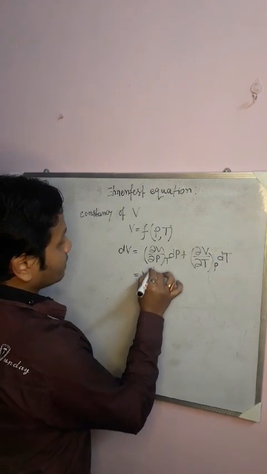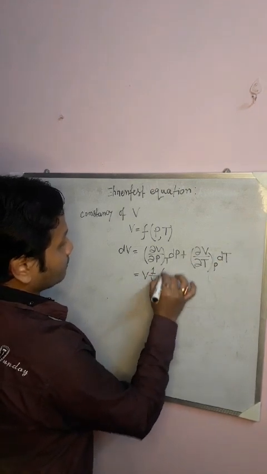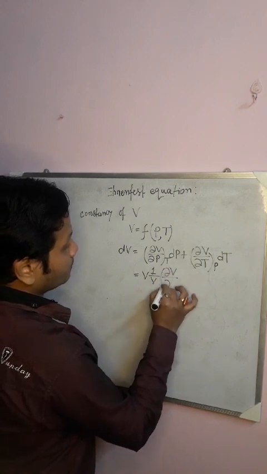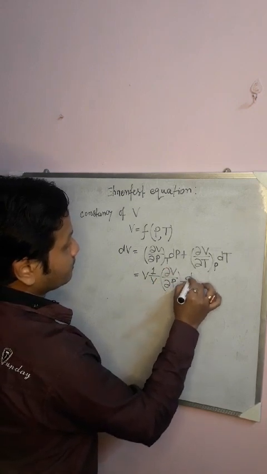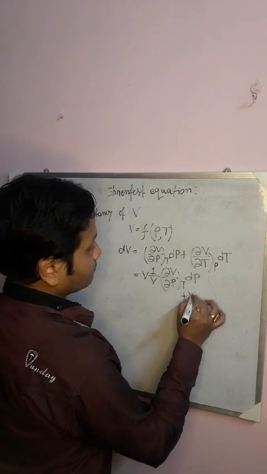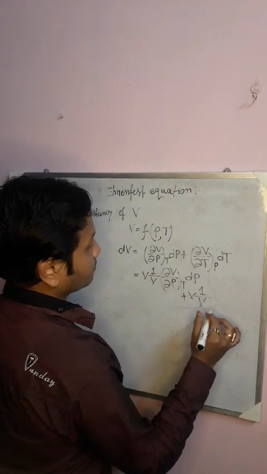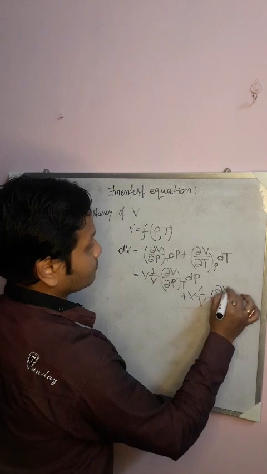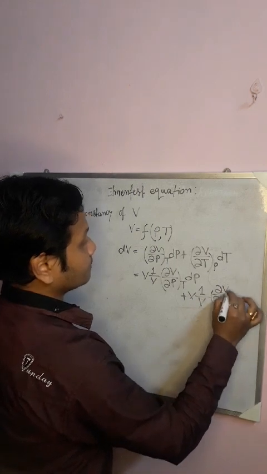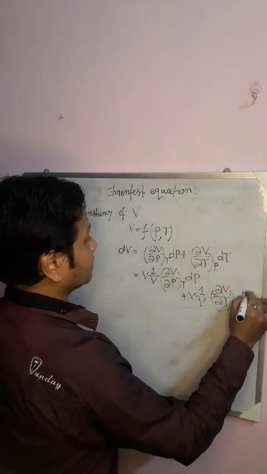Now this can be written as V times (1 by V)(del V del P) at constant T dP plus V times (1 by V)(del V del T) at constant pressure dT.